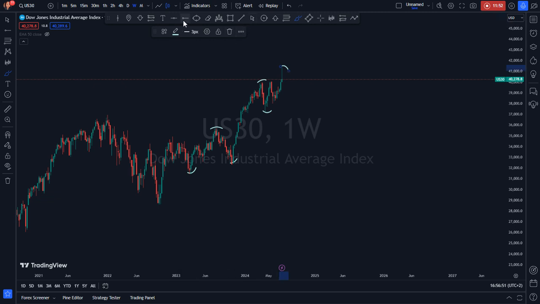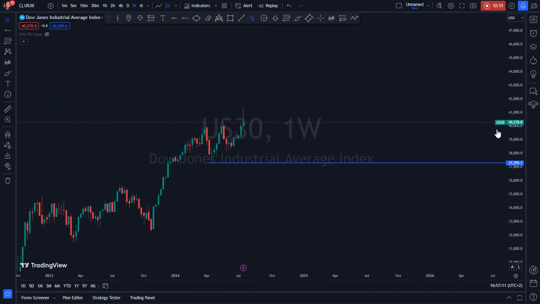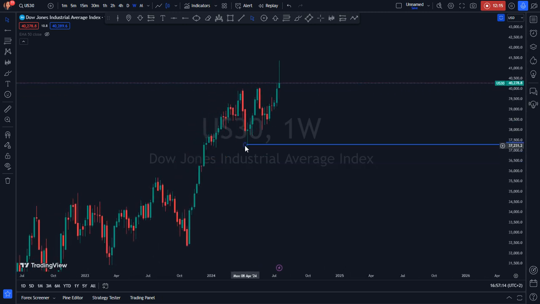So to make our life a bit simple, we can just start from this lowest point, right here, this low right here. By marking this low, we can assume this was the lowest point right here, and then we're going to say this one is our high, then this one is our low, and then this is our high.